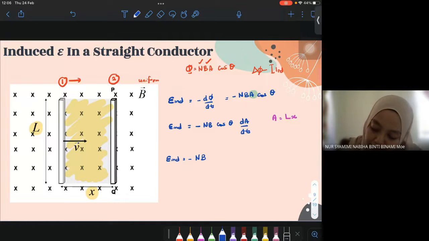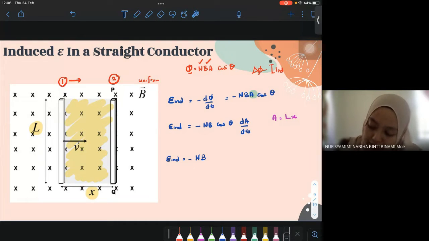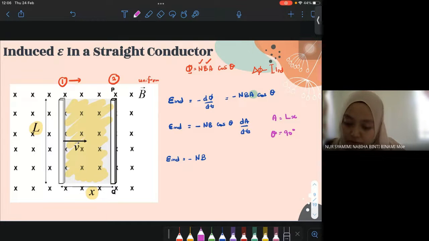So A is here, and B is into the page. So the angle is... cos 90 is equal to... no, the angle is 0. Because the area is into the page, and B is also into the page.